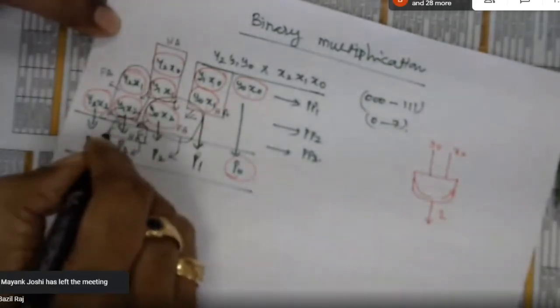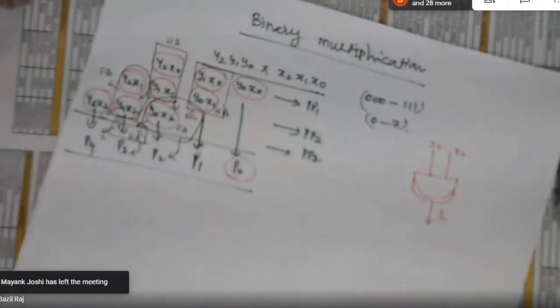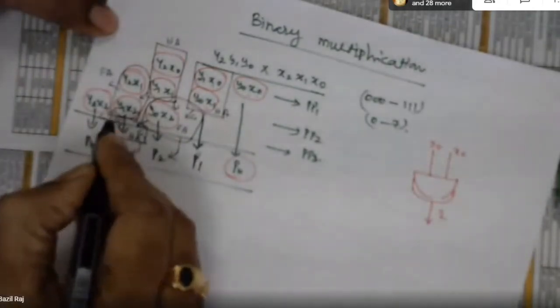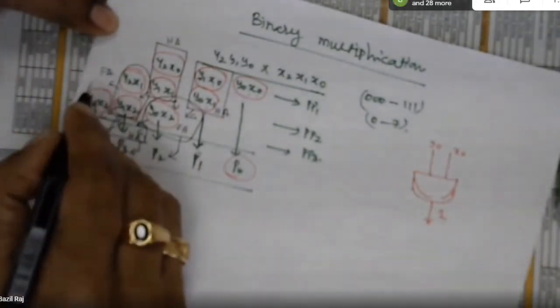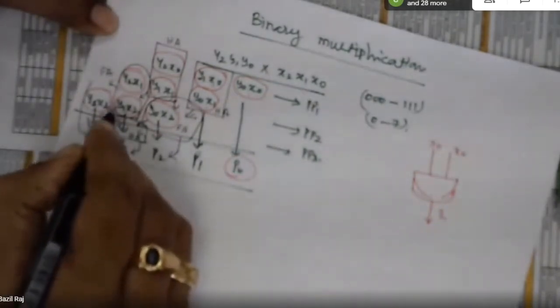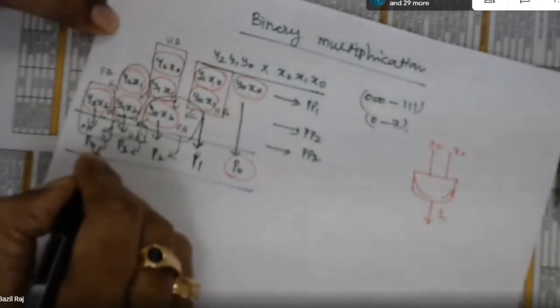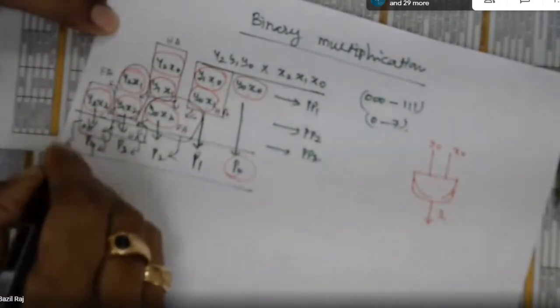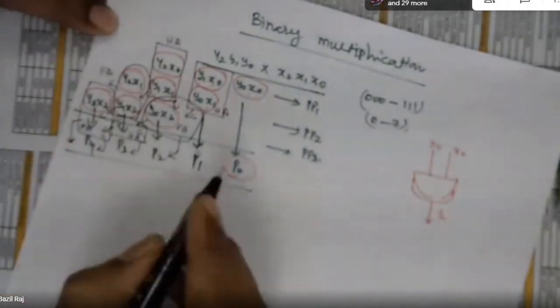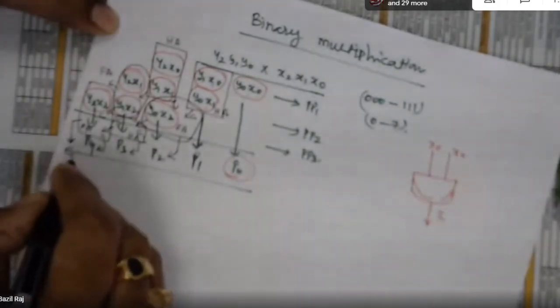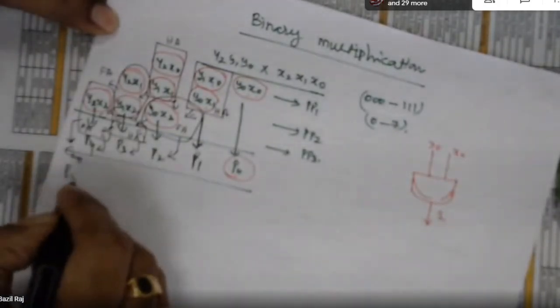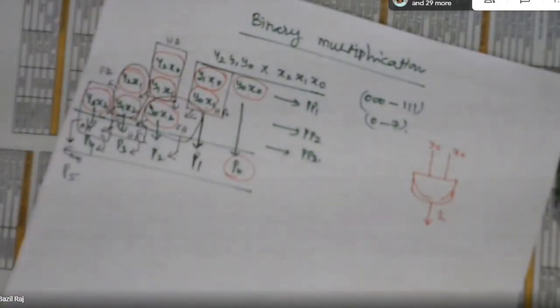That result is P3 and its carry will be forwarded again. So this carry and this carry and this bit go into one more full adder. That result sum is P4 and the carry is the final bit, which is nothing but P5, right?